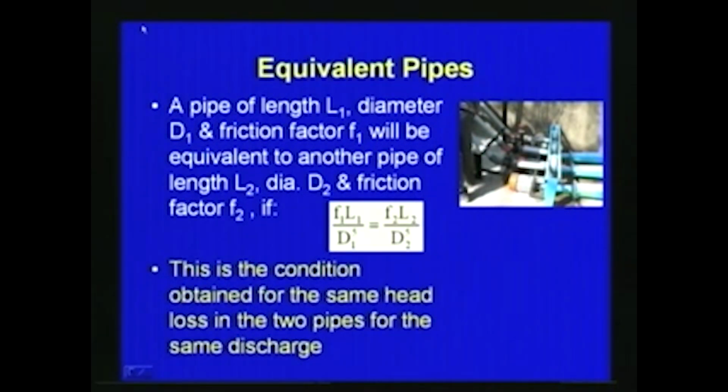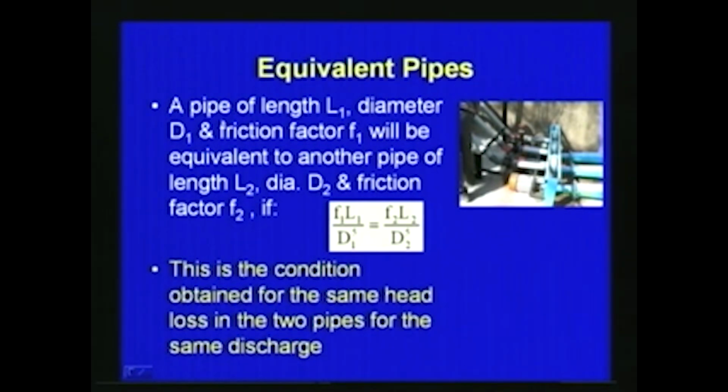You can see, as shown in this photograph, we will be using different diameters of pipes, here one diameter, here another diameter, and so on. So, we will have a number of types of pipes in a single system, and it will be easy if we can find the equivalent pipes correspondingly.